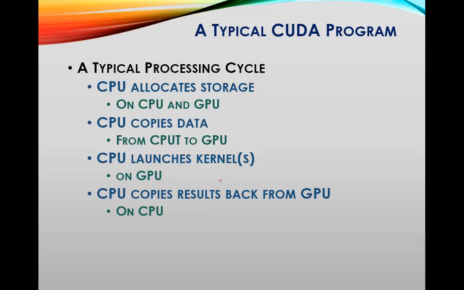You will also have your host, your CPU, allocate storage on the GPU, and that happens through the cudaMalloc function: you define a device pointer, and then you allocate a certain size for your data on the GPU.